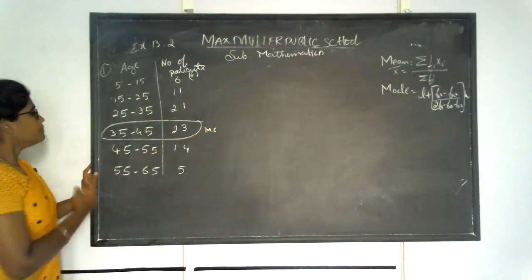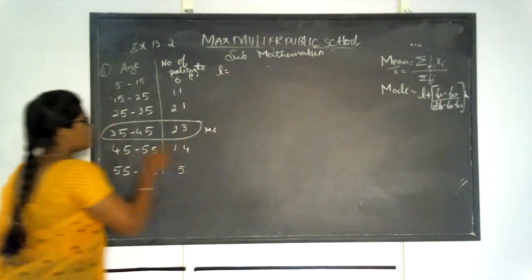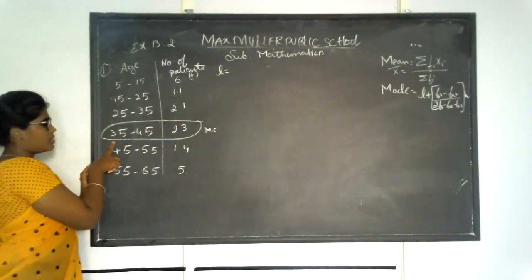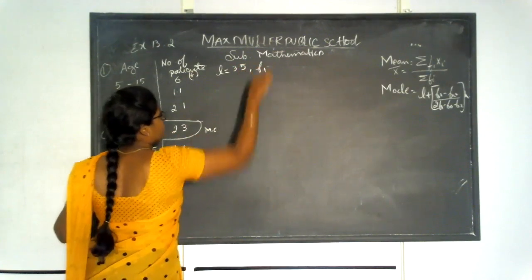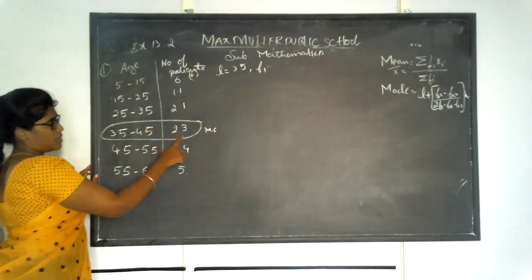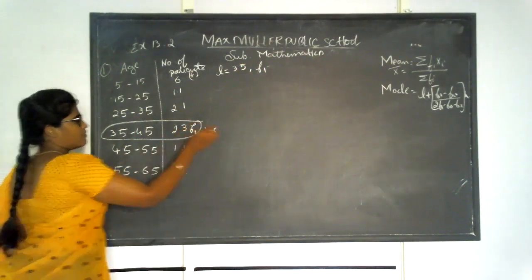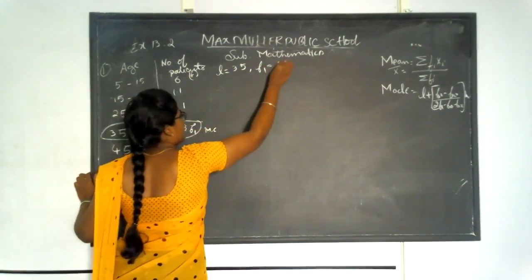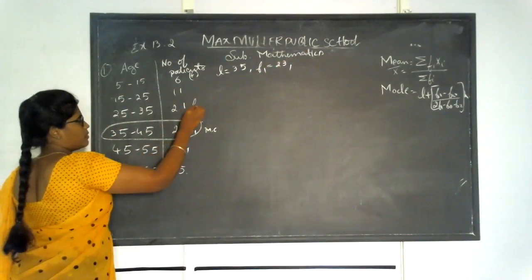Okay. Now, what all should you find out? See there, L. What is L? Lower limit of the modal class. Which lower limit do you have? 35. Then F1. What is F1? F1 is the frequency of the modal class. F1 is how much? F1 is 23. Then F0 is what? Preceding frequency of the modal class.